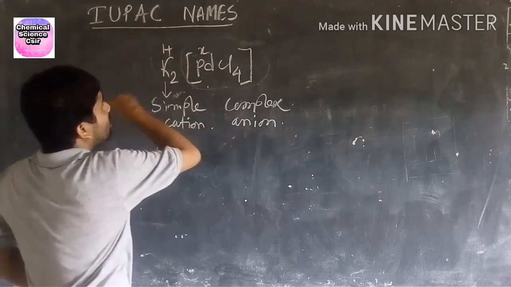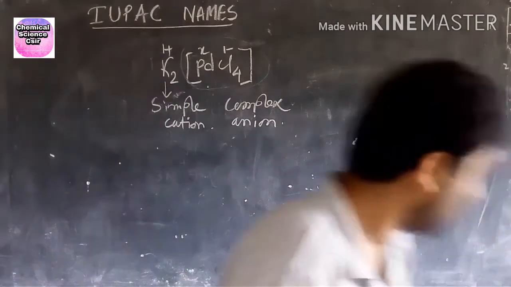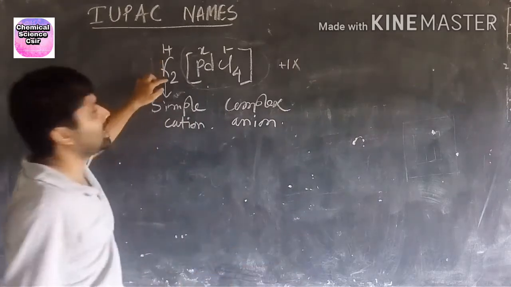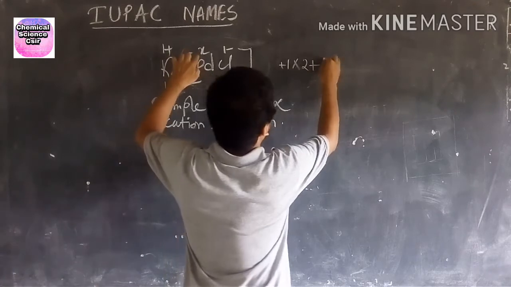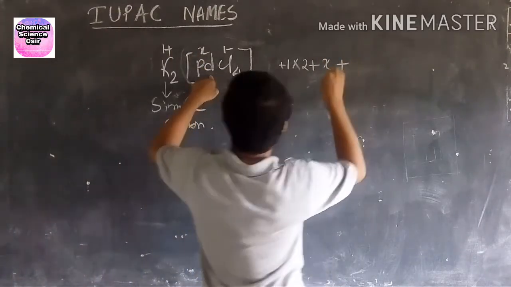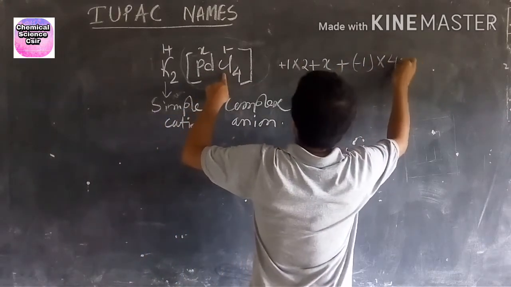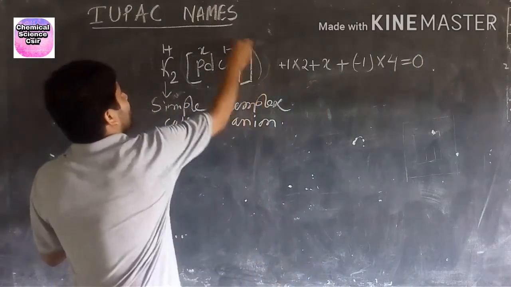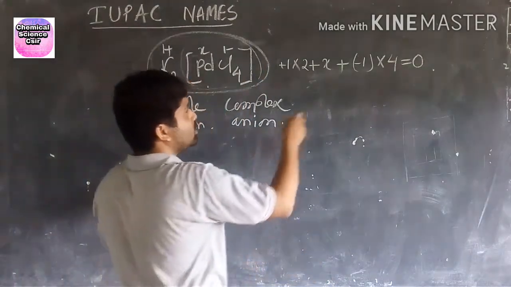Now this one is +1 and this is -1. You write +1, and how many times potassium? 2 times, plus X, only 1 time so no need to write it. Then -1, 4 times, and the algebraic sum is 0 because the whole complex is neutral.